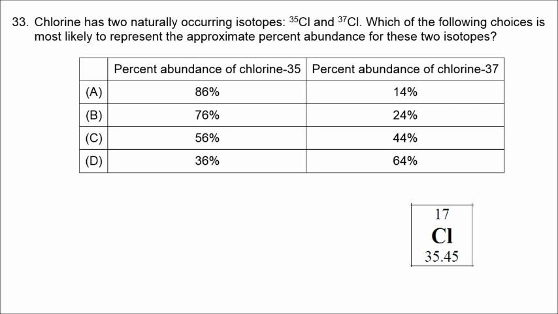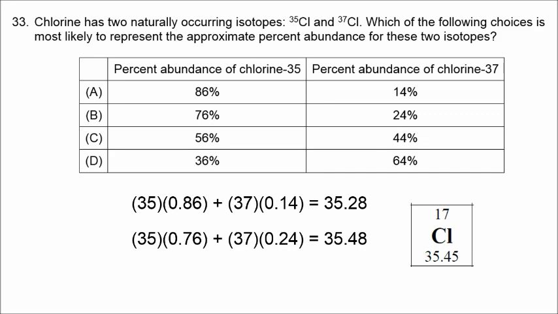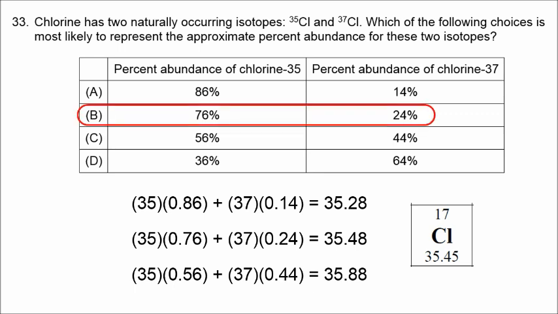Starting with choice A. 35 times 0.86 plus 37 times 0.14, 35.28. I think we can do better than that. Choice B, we do this math and we get almost exactly 35.5, looking pretty good. Choice C, that is too high. It's around 35.9. So based on this math, the correct answer is B.